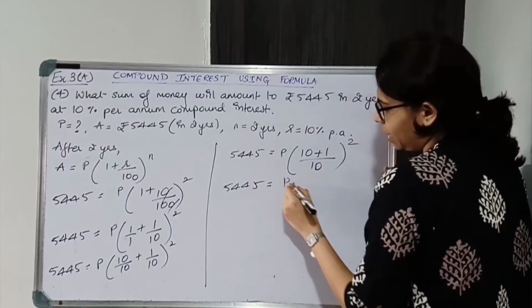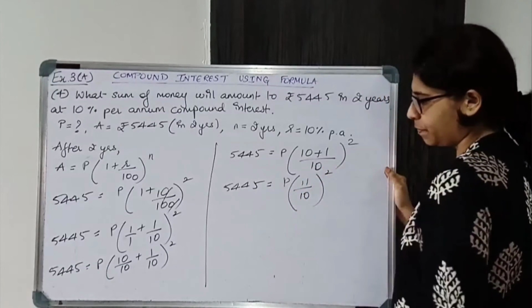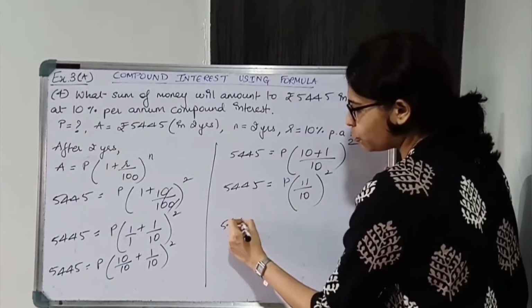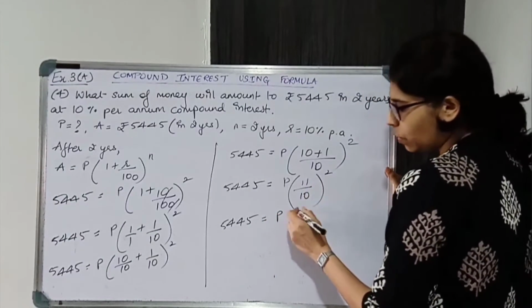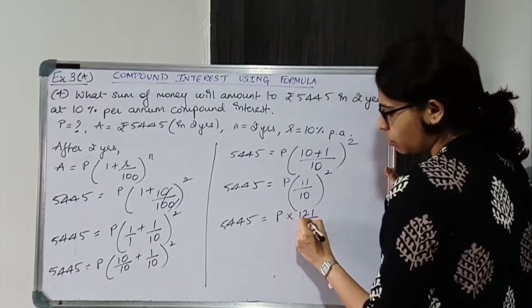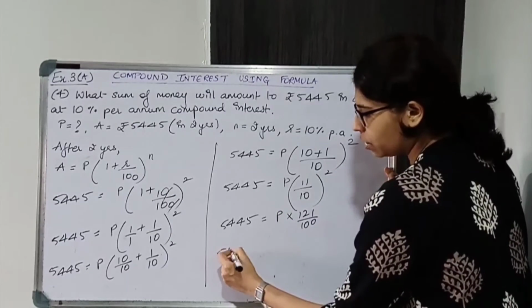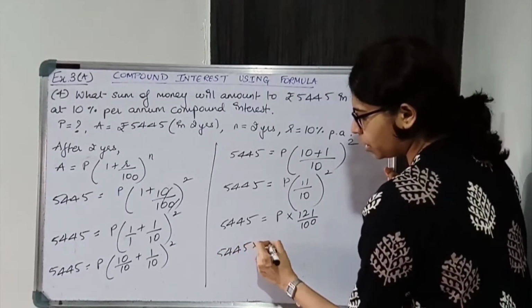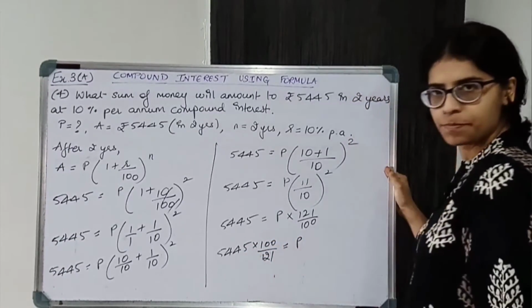So P into 10 plus 1, 11 upon 10 raised to 2. So 5445 is equal to P, 11 square is 121, 10 square is 100. Now shift this. So it becomes reciprocal, okay. 100 will go in numerator, 121 will go in denominator, is equal to P.